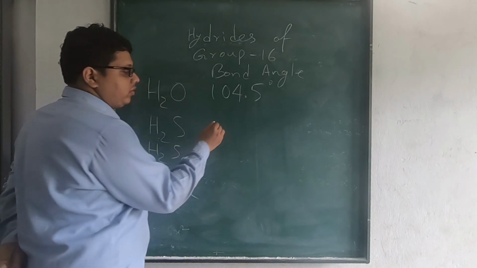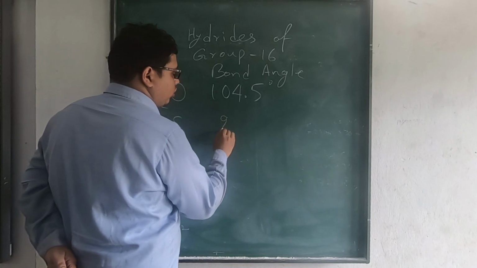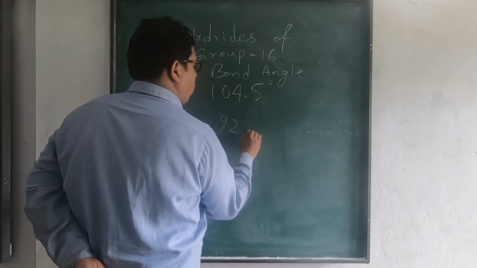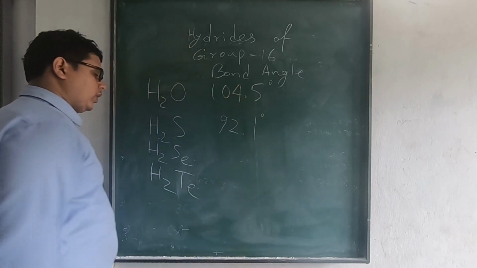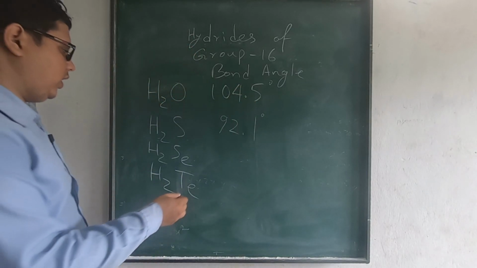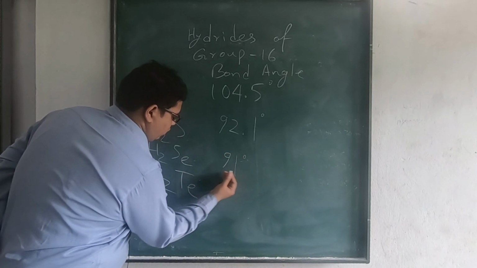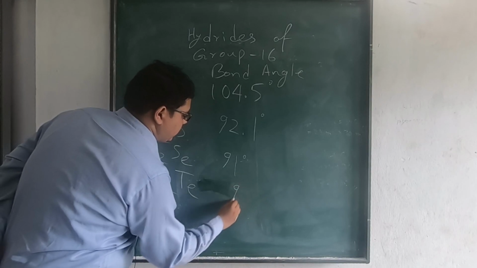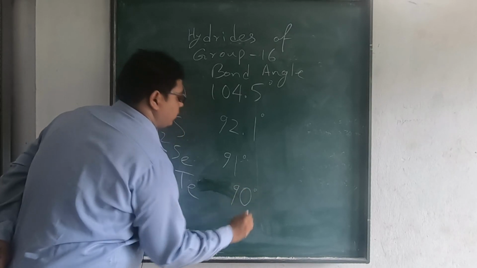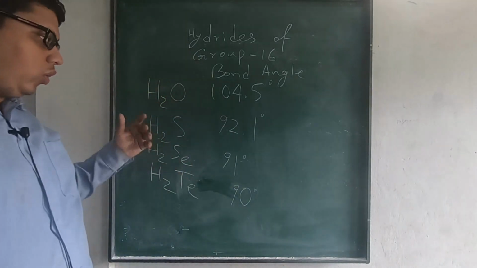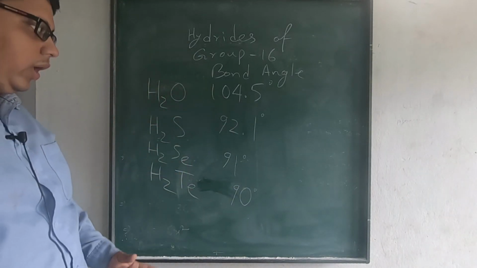For H2S, it reduces further to 92.1 degrees. For H2Se, it further reduces to 91 degrees, and in the case of H2Te, it becomes 90 degrees. So you can see there is a decreasing order of bond angle.